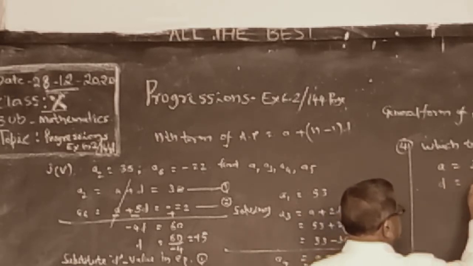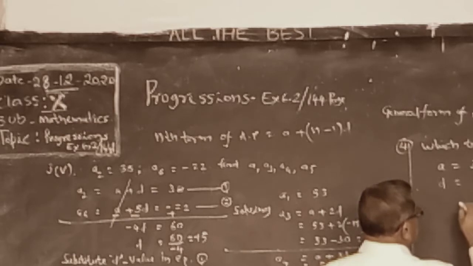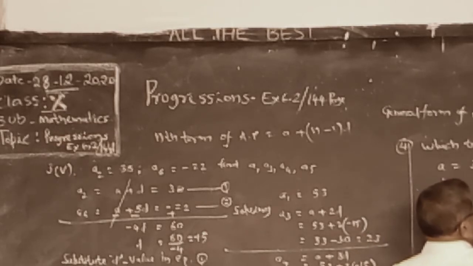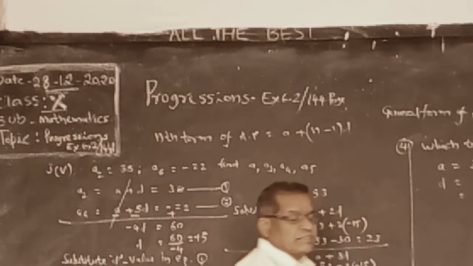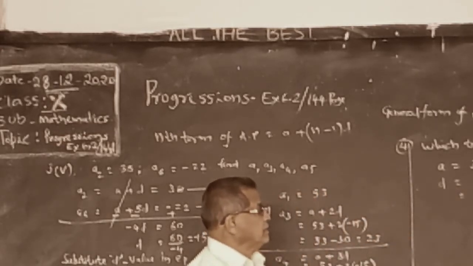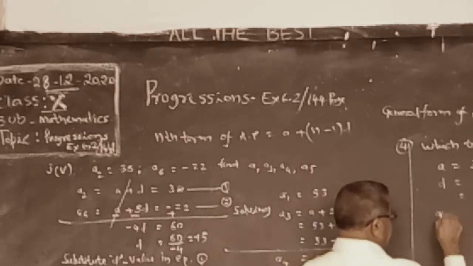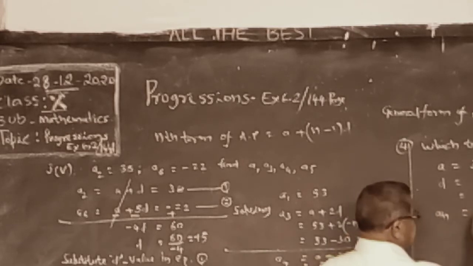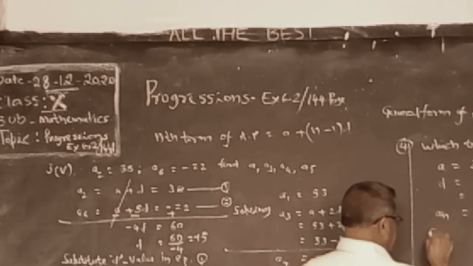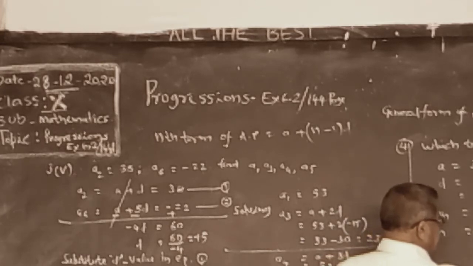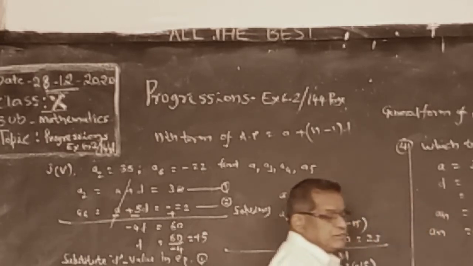The common difference d is a2 minus a1, that is 8 minus 3, that is 5. Always subtract second term minus first term. So d is 5, and an, the nth term, is given as 78. Now write the formula: an is equal to a plus (n minus 1) d.